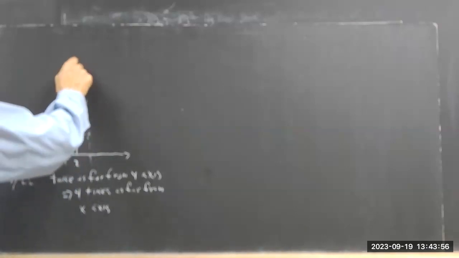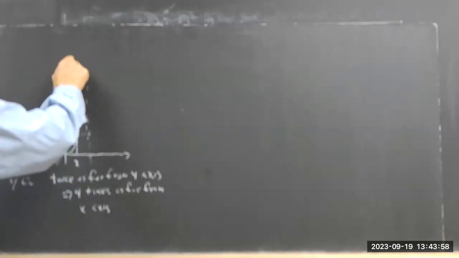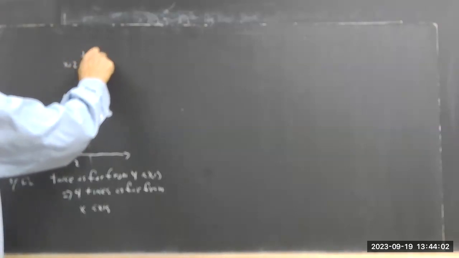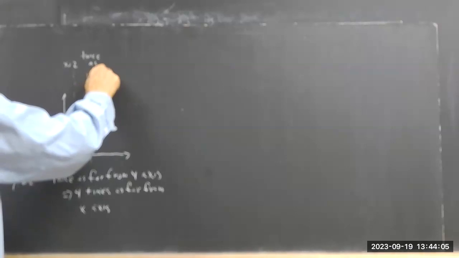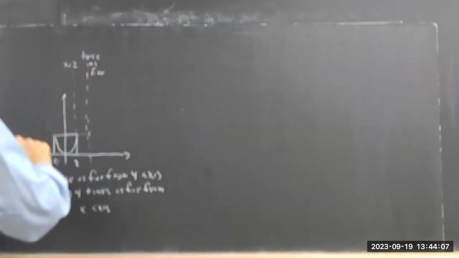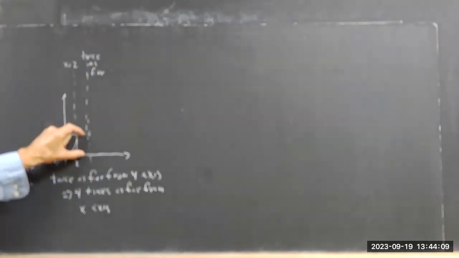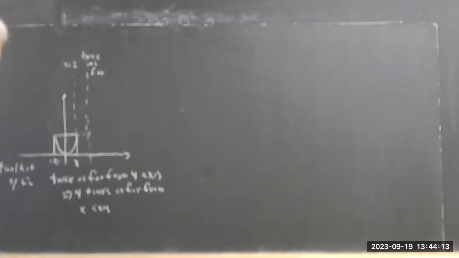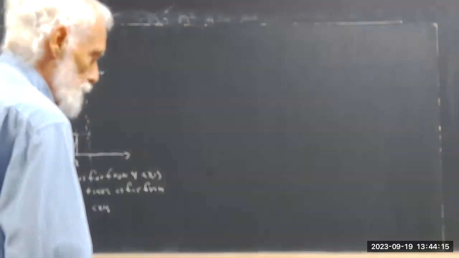So you go twice as far. You've got to go 4 times as far from the x-axis. 1, 2, 3, 4 times as far. Shouldn't have labeled that where I did, you've got to move up pretty far.